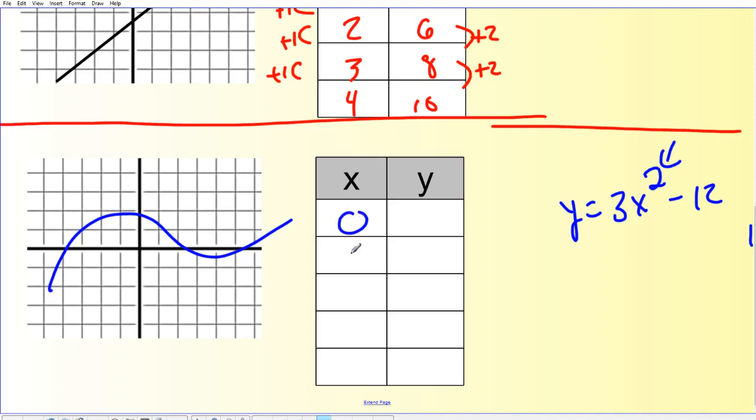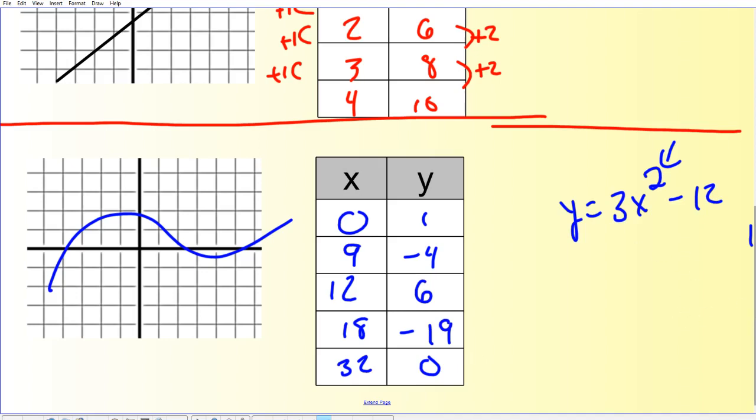So 0, 9, 12, 18, 32, 1, negative 4, 6, negative 19, 0. There. It's nonlinear. Because I can guarantee you these guys aren't following any sort of pattern, so it's nonlinear.